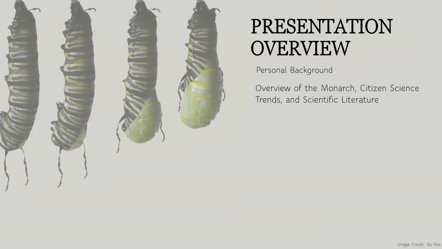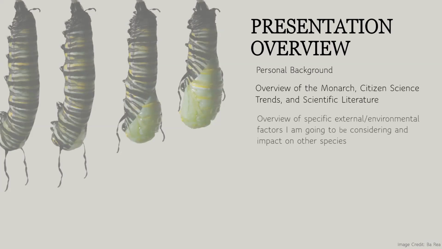I'll share a couple of specific papers and their methodologies that I will be applying to my own paper and describe some additional knowledge that I will need to gain in order to analyze my data similarly. I'll touch on which external environmental factor I want to bring into my analysis after I looked at the impact on some other migratory species.